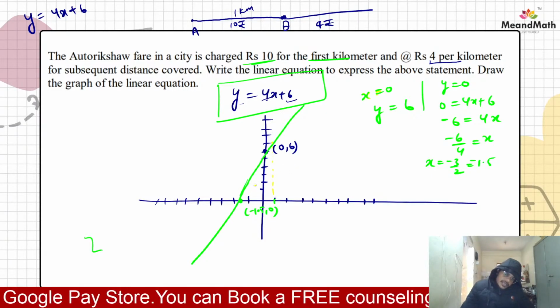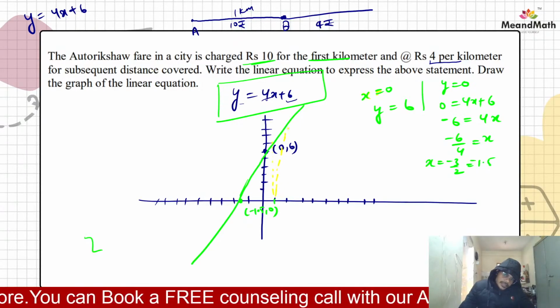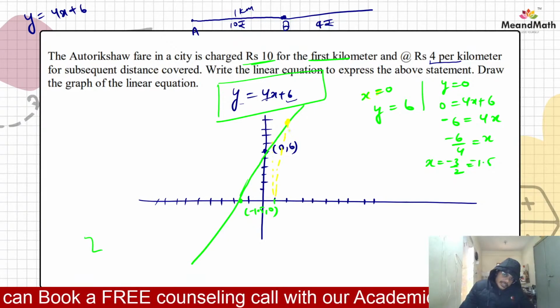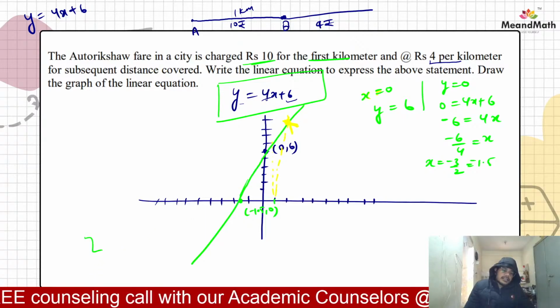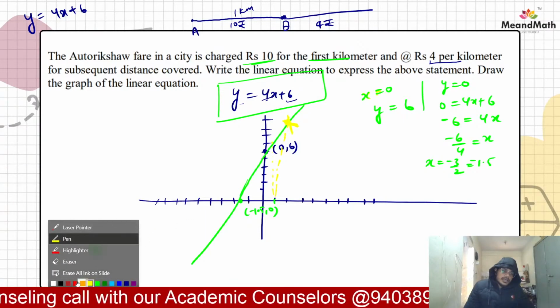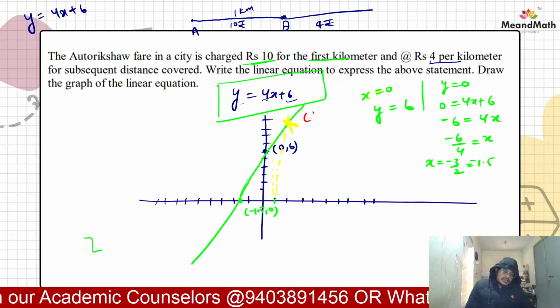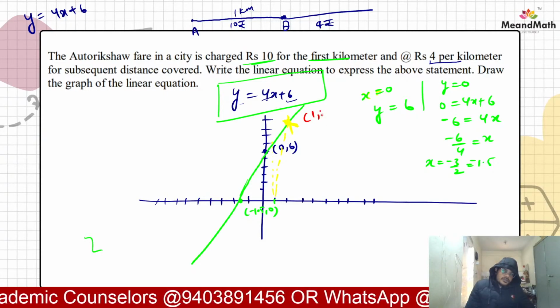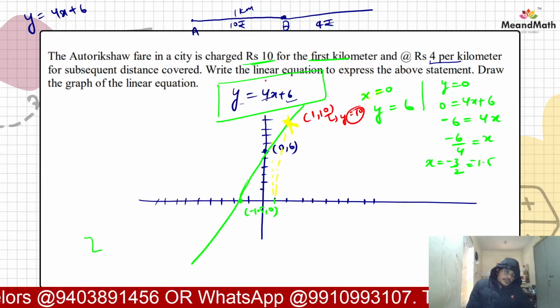And see, this graph is not up to scale, but when you draw a straight line, this straight line would be cutting or intersecting the graph at the point 1 comma 10. Why 10? Because y is 10 at the first kilometer.